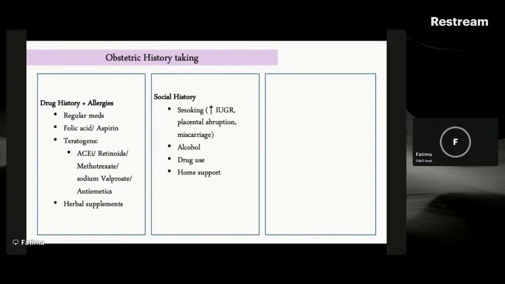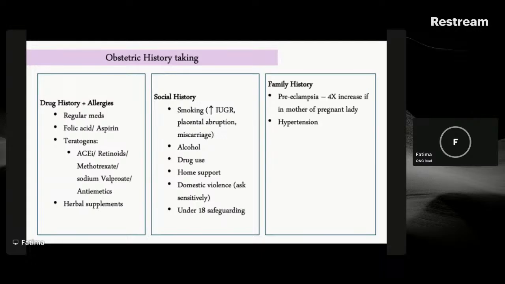Drug use and home support. Important in obstetric history, you're asking about home because ladies that are pregnant are more likely to be predisposed to all sorts of issues and safeguarding concerns. Any domestic violence, you need to ask this sensitively. And if they're under 18, then you do the under 18 safeguarding as well.